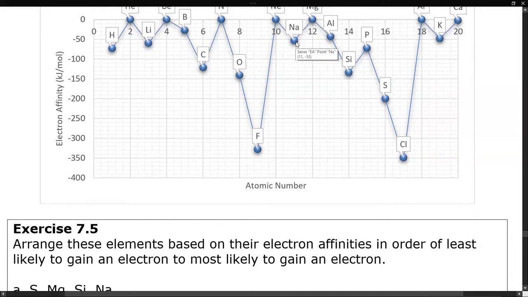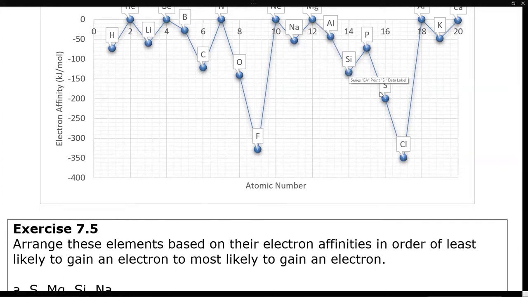And you notice those are all in the same row. So since sodium is the farthest to the left on the row, you would expect sodium to be least likely to gain an electron, but no, it's magnesium. So least likely magnesium, then sodium, then silicon, and sulfur being the most likely to gain an electron.